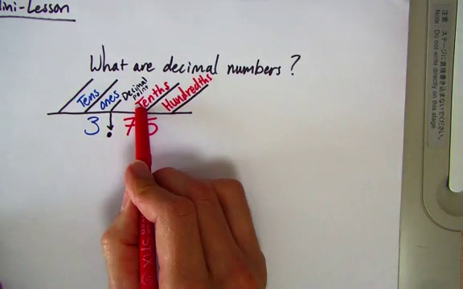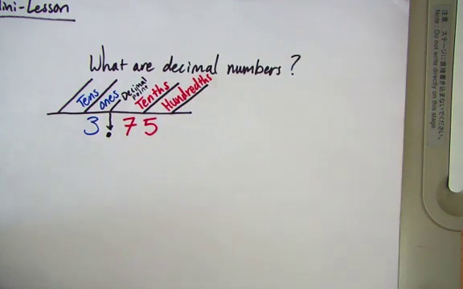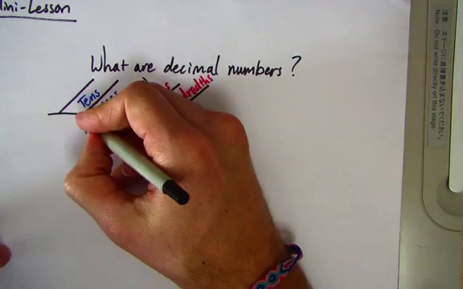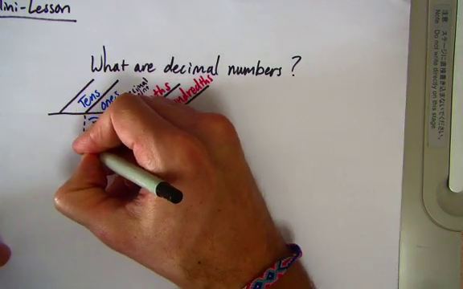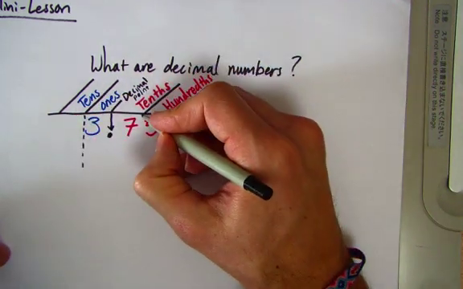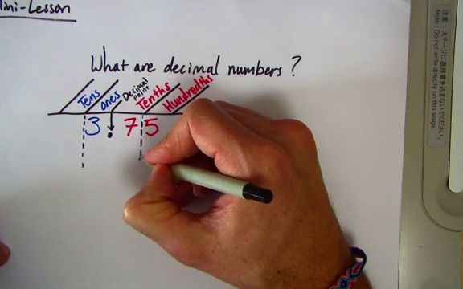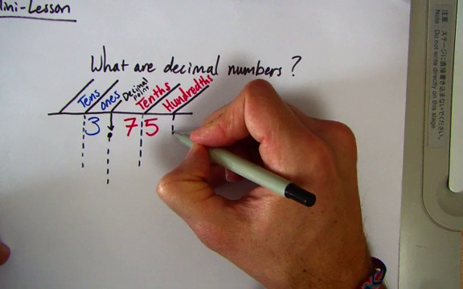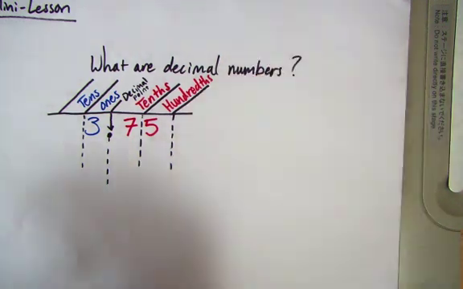So we have the tenths and the hundredths place value to the right of the decimal. Let me go ahead and start putting little place value lines here so that you are not confused. Okay.